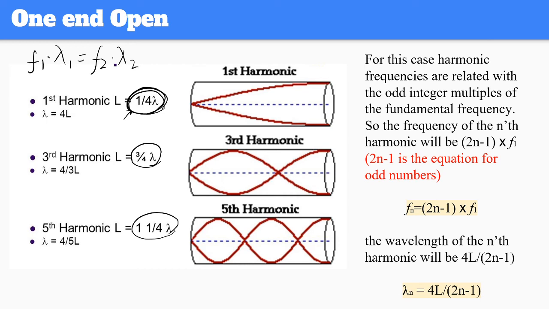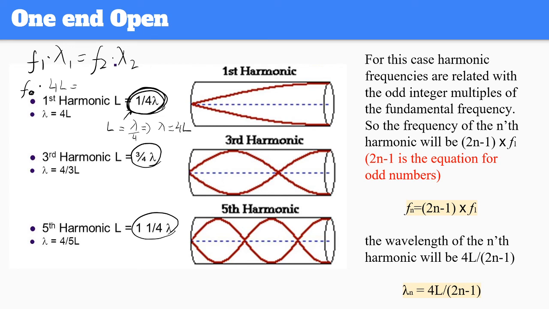In this case, f1 is going to be f0. My first L is equal to a quarter of a wavelength. What does that mean? My wavelength is equal to 4L. So my lambda 1 is going to be 4L.